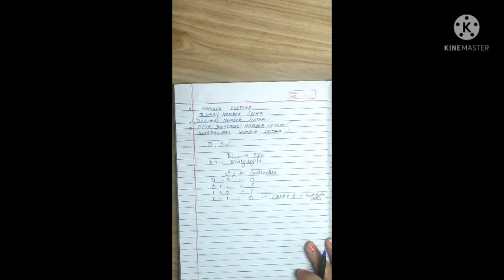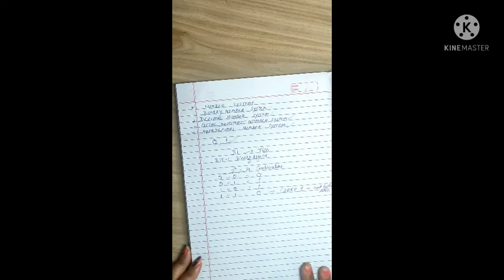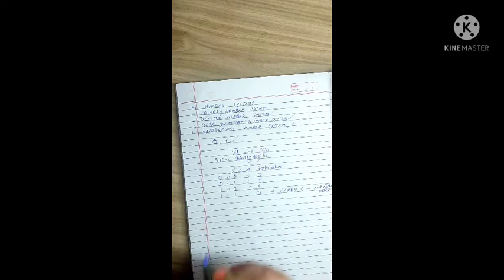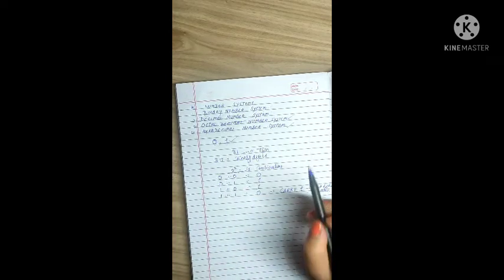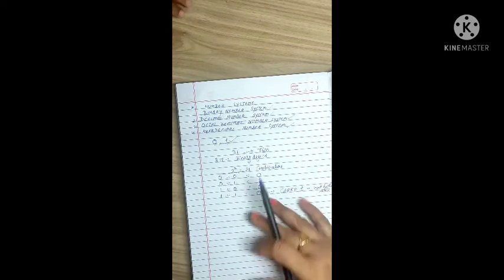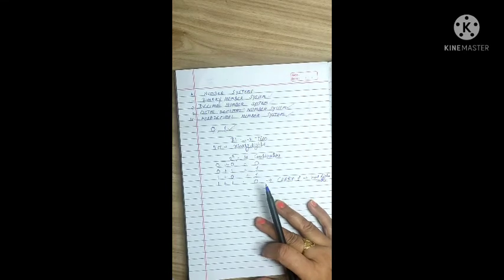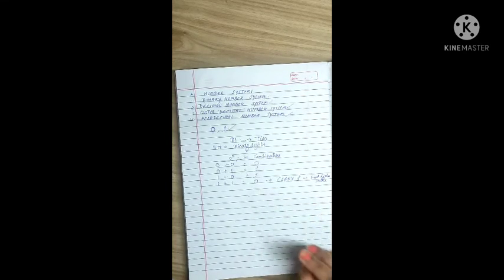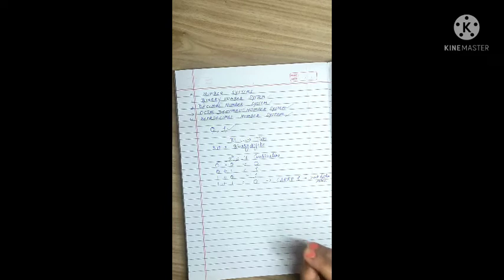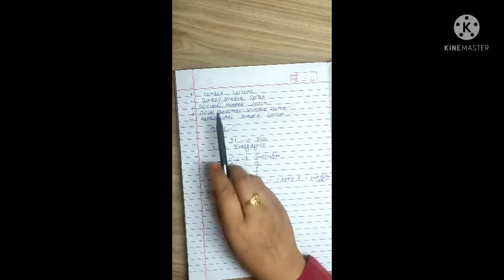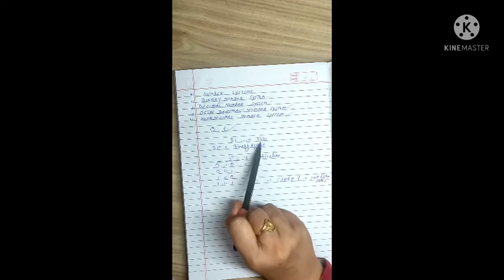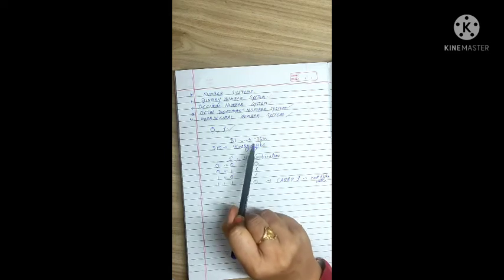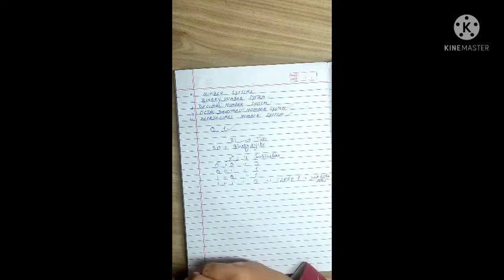Okay, so let's take one example through which I'll show you how to add these numbers. The example given in your book is, here one more thing you need to remember. Each and every number system has a base. What is that base? Base is the total number of digits used in a number system. Since I told you in the binary number system we have only 2 digits, the base of the binary number system will be 2.